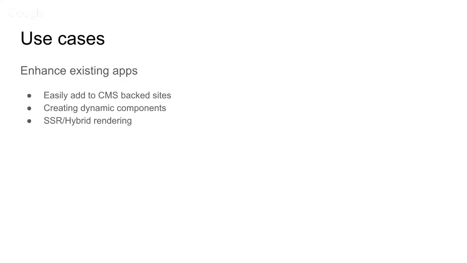So it's kind of moving more into that React space. And then creating dynamic components, so things that are able to talk to each other. And if you're doing any kind of server-side rendering, if you're dealing with Angular Universal, or if SEO is important, it's much easier to drop in one of these than to set up Angular Universal and do server-side rendering.